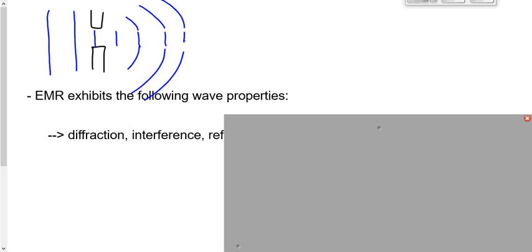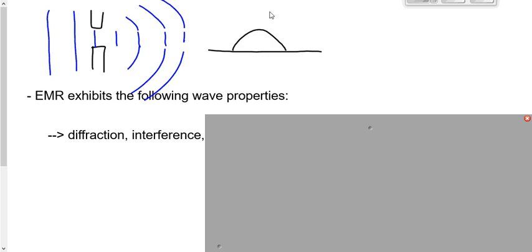Interference is another one. Remember interference in Physics 20? If you had a wave that looks like this and another wave that looks like this, then they would combine to form a wave that looks like this. That's called constructive interference, versus destructive interference, where you produce a smaller wave. Remember that?